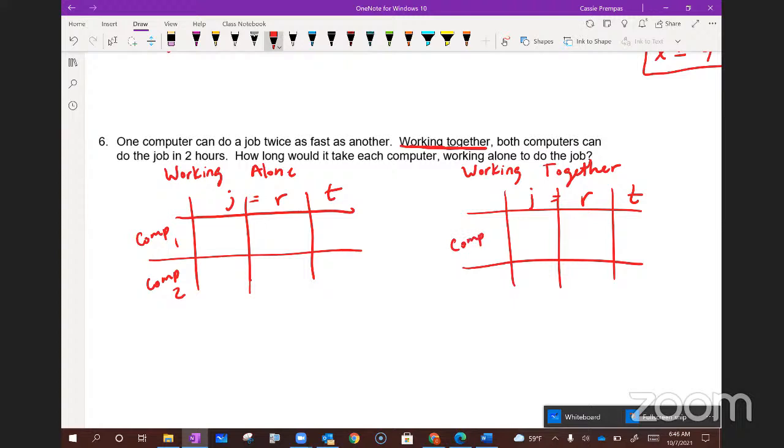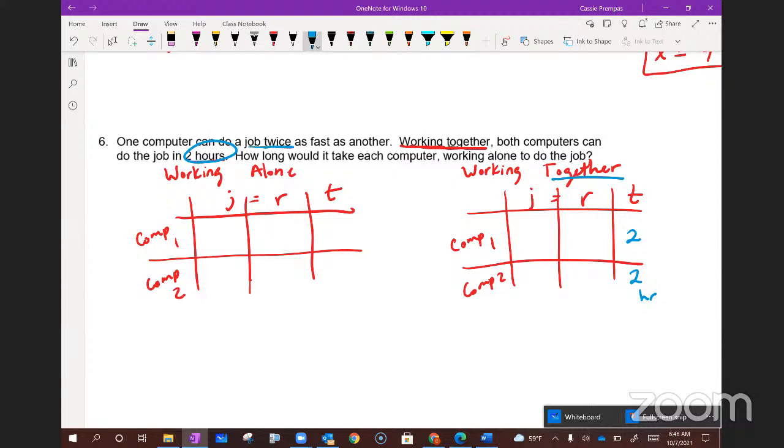What information do we have? So it says they both can do the job in 2 hours. So we know that when they're working together, they're going to work for 2 hours and 2 hours. Then it says one computer can do a job twice as fast as the other. So this is something that I don't know.